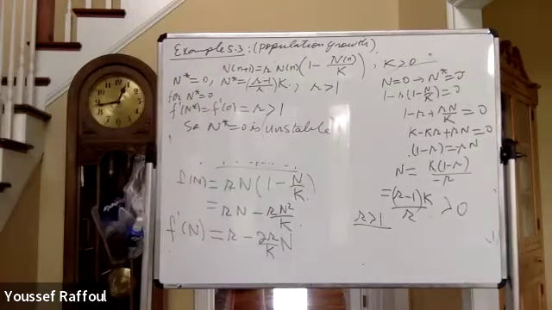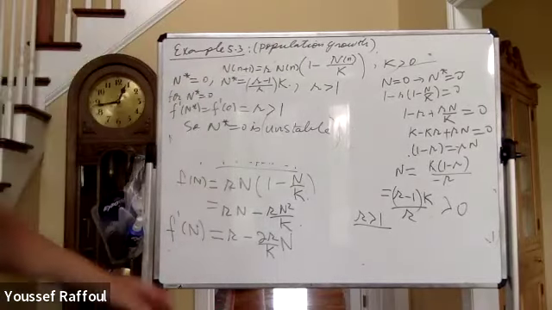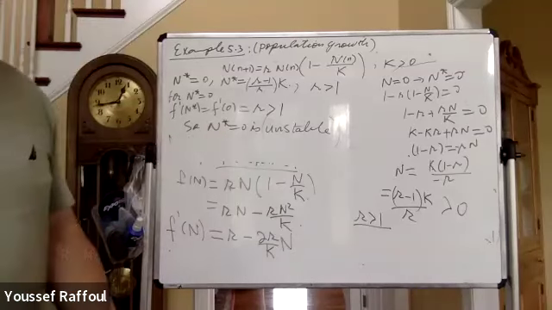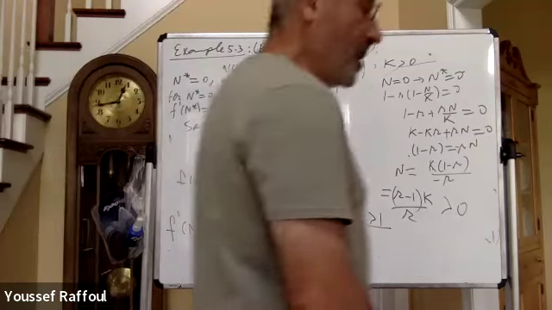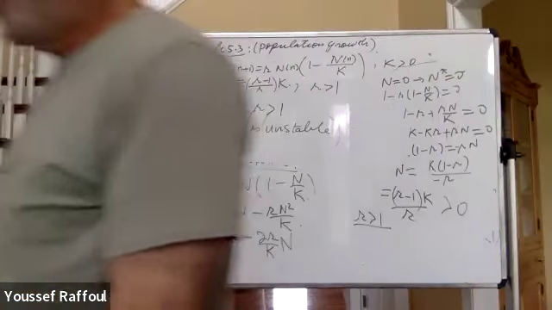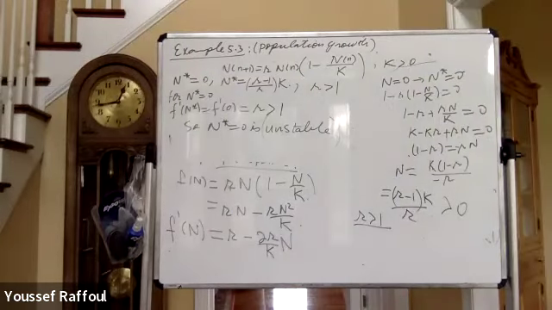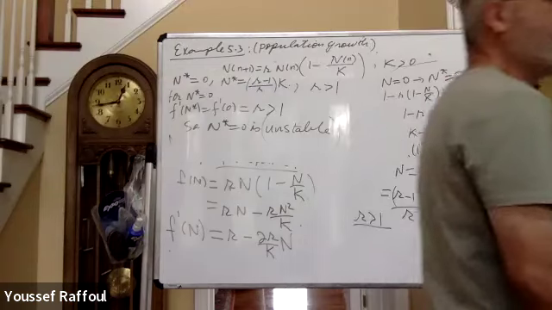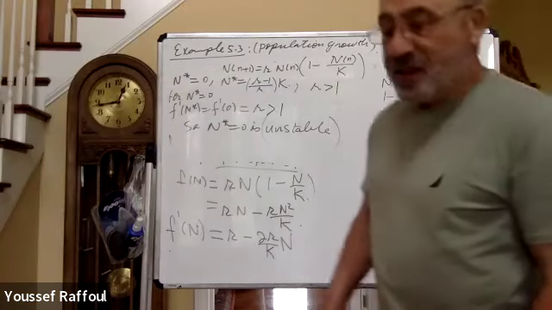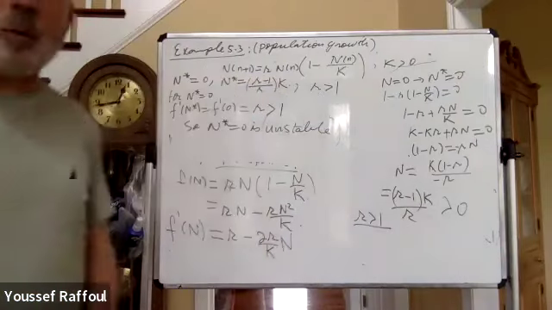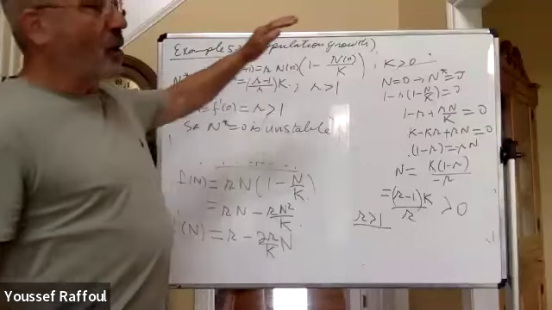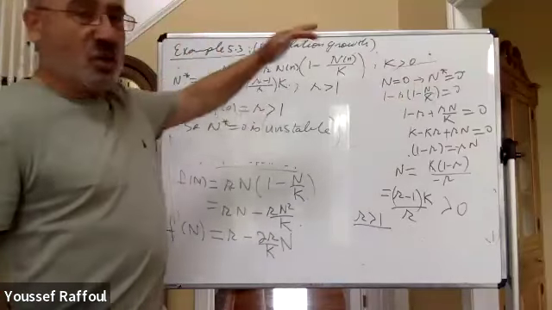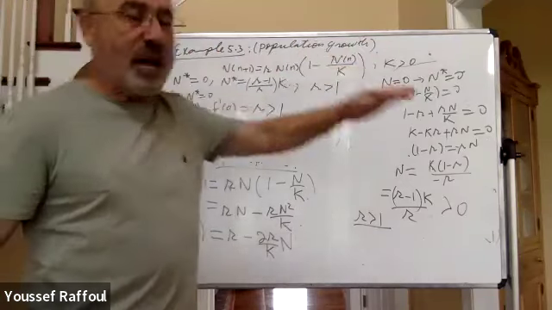Can you tell me, for a biologist, would he like that n star equals 0 be unstable or stable? What do you think? Now I really need your input. What does n star represent? N star represents a population, correct? So does the biologist want, after a long time, all the solutions, which means the population, to go down to 0?